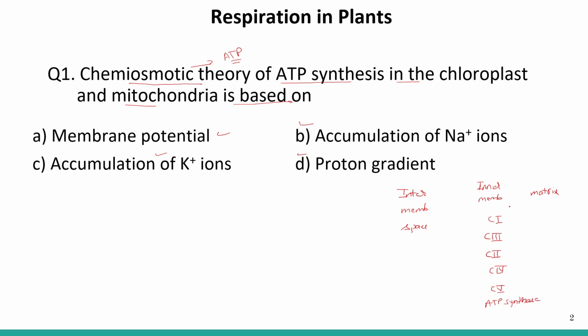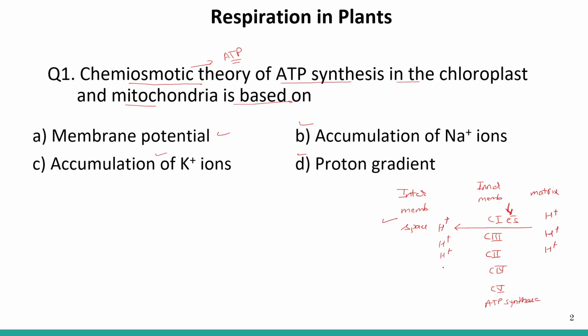Initially, as the electrons flow from one complex to another, the protons are here in the matrix. As the electrons flow downhill from one electron carrier to another, a proton gradient is created across the membrane. So protons from the matrix are transported to the intermembrane space.